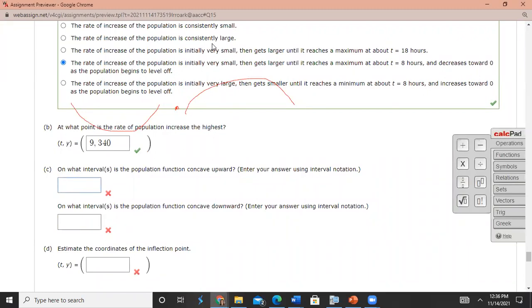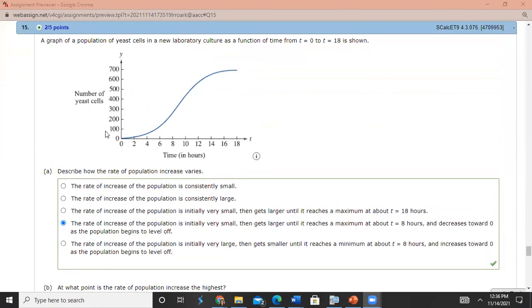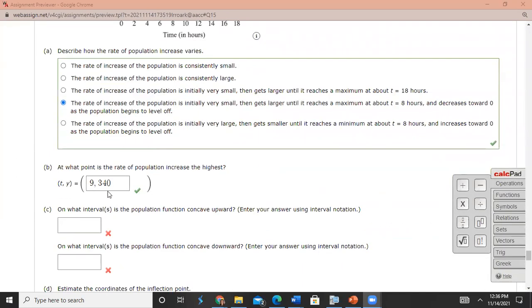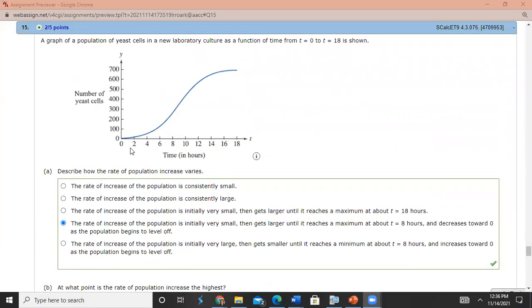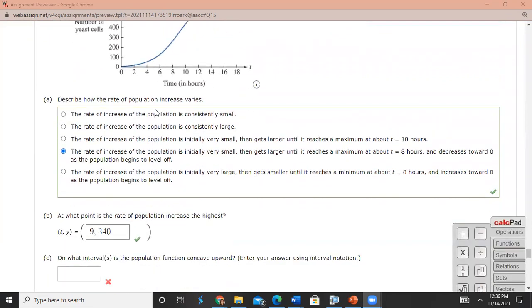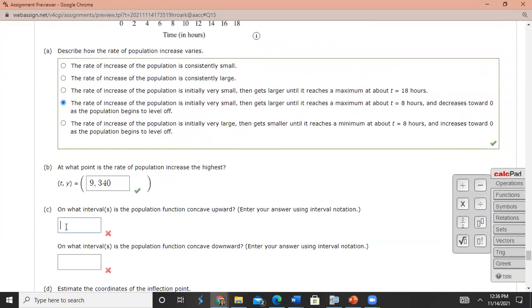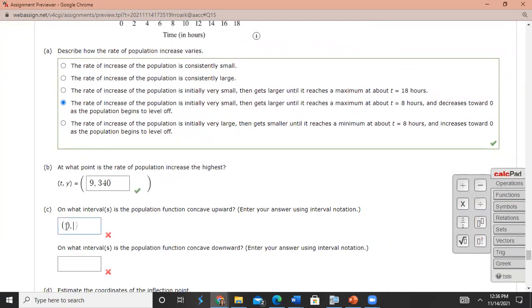So I would say it is going to be concave up from 0 to that number, whatever you use. If you use 9, or 8.6, you would want to go with that one. Let's say 0 to 9, since that is the one we technically have here. And then for concave down, it's going to be concave down from then on.